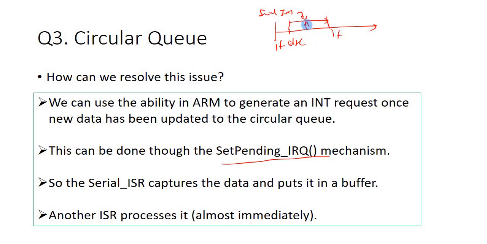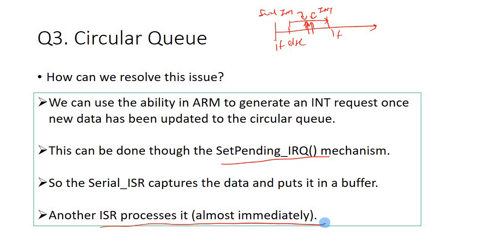But what I'm saying now is, once I capture the data, I trigger another ISR and jump to another interrupt to process the data. This works because I'm able to generate an interrupt, so I can bypass whatever I'm doing in the other things and process the data almost immediately.